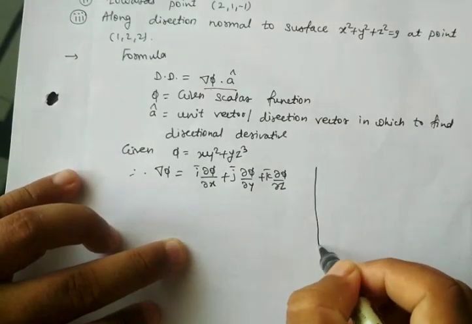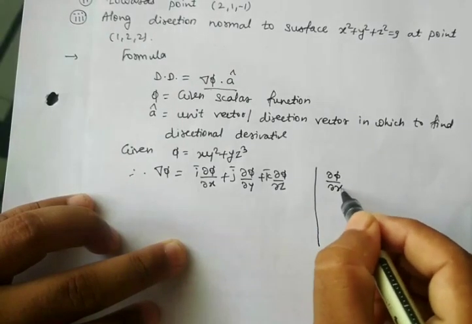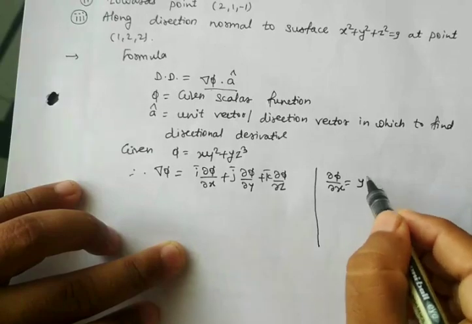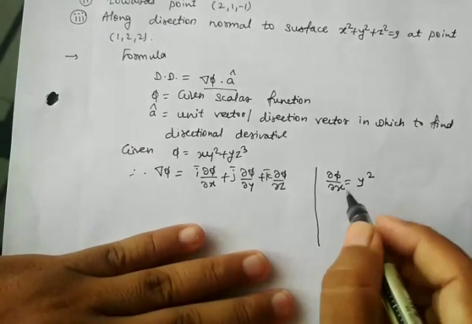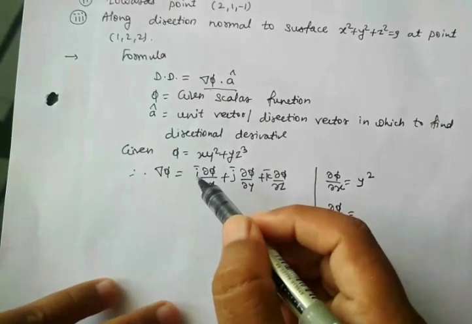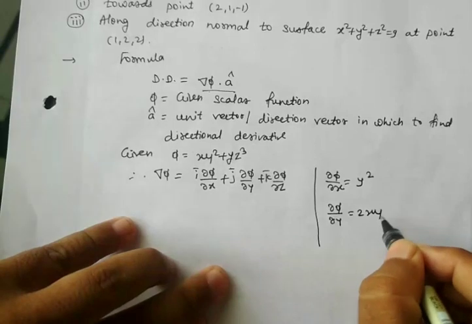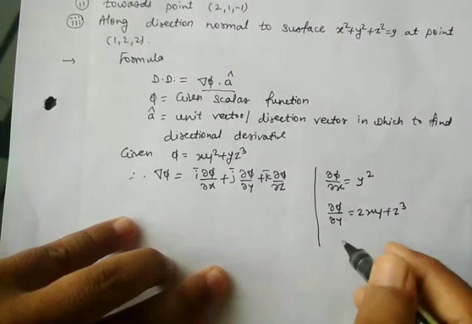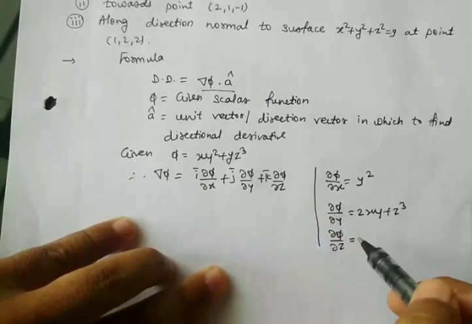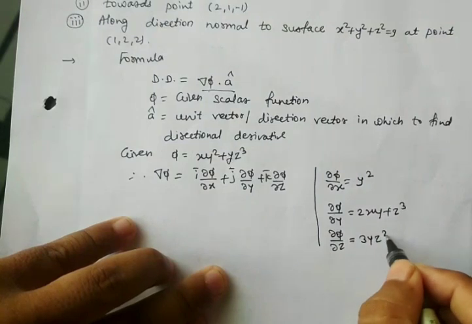So first of all we just find these partial derivatives. Partial phi by partial x, that is the partial derivative of phi with respect to x, is y square. Then partial phi by partial y is 2xy plus z cube. And partial phi by partial z is 3yz square.